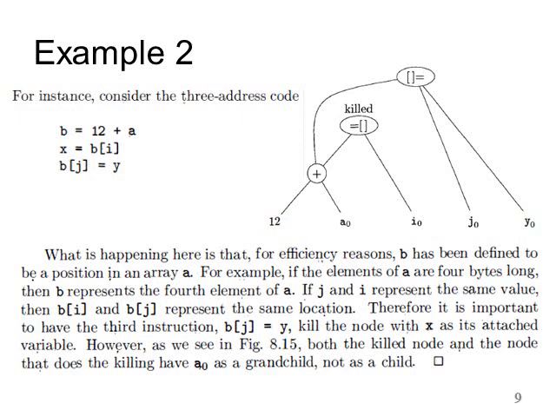If both j and i are equal, then it will be a big problem, as x has taken the value of b[i], and it no longer remains valid in the case of the third statement b[j] equals y. So this is the same situation as earlier. If you create a DAG for each statement, you find that the first one is 12 plus a0. Next you create x equals b[i].